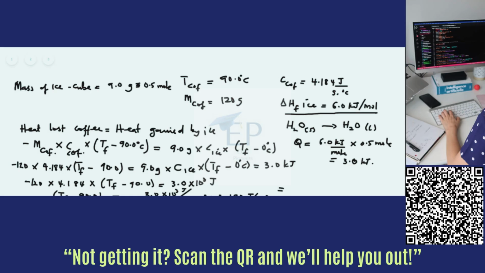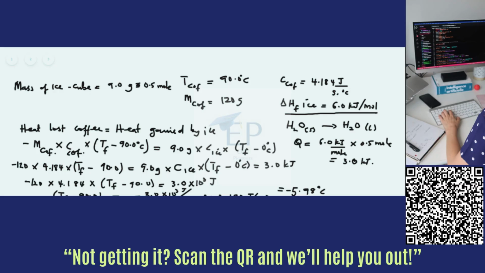That will give us 5.98 degrees Celsius. But then we have to remember this is going to carry a negative because of this negative sign. We should put that negative.